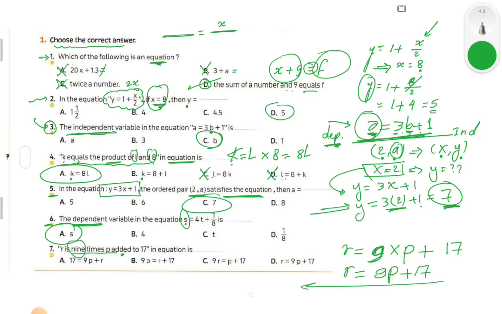Now look at this equation here. 17 equals? No. 9B equals? No. 9R equals? No. R equals 9B plus 17. Correct answer. Go to the next question.